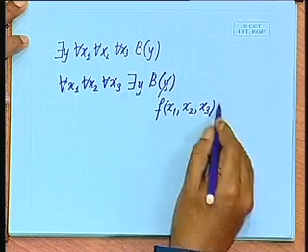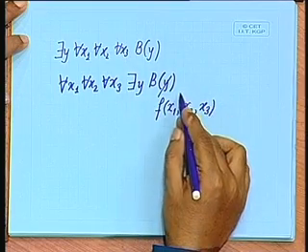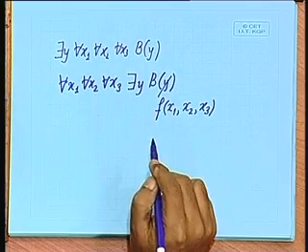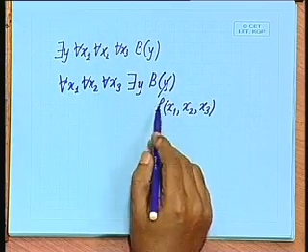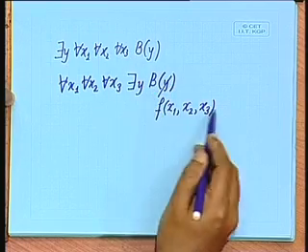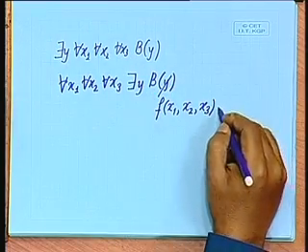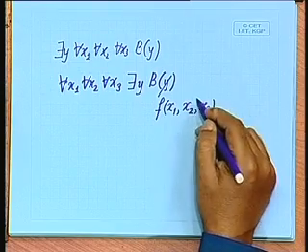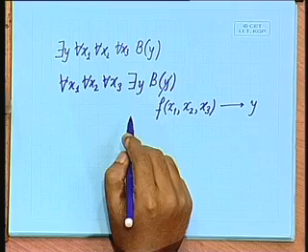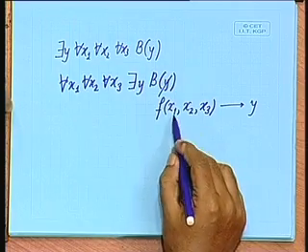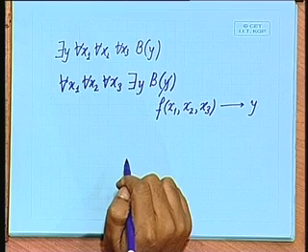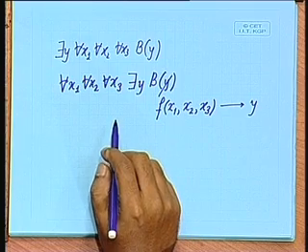So, given the value of x1, x2, x3, y is that value which satisfies by. The value of y which satisfies by for this x1, x2 and x3 is a function of these three. So, we can have a mapping from triplets of x1, x2, x3 to the value of y which satisfies by. For a different value of x1, x2 and x3, you will possibly get a different y. So, is this clear what we mean by Skolemization?